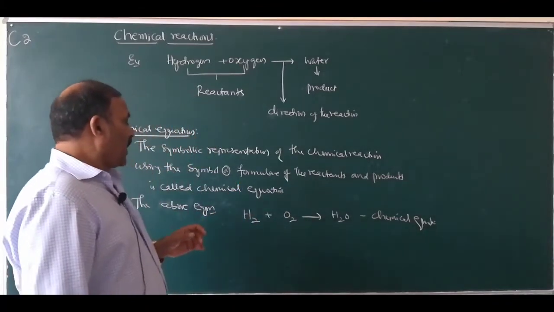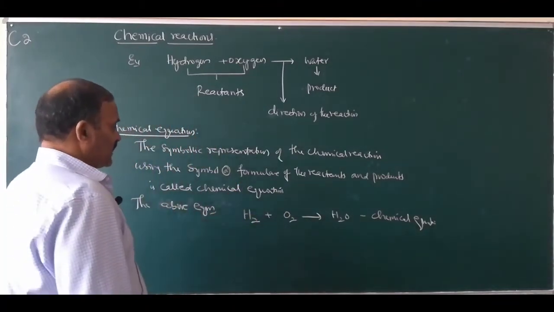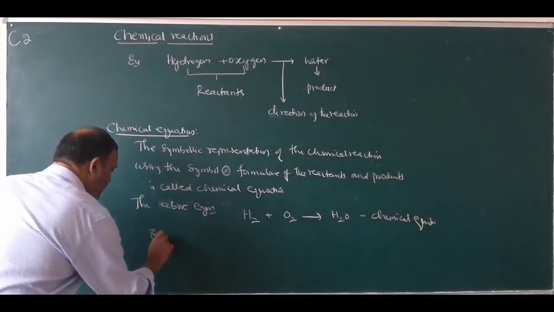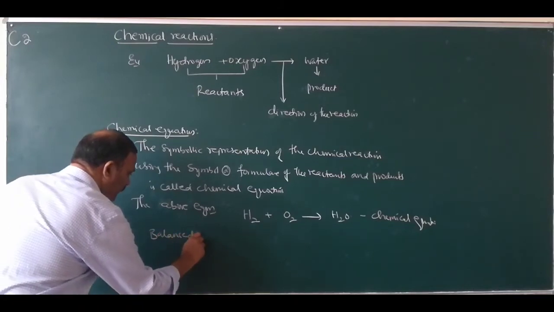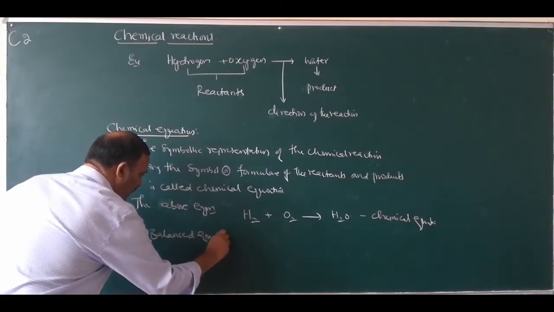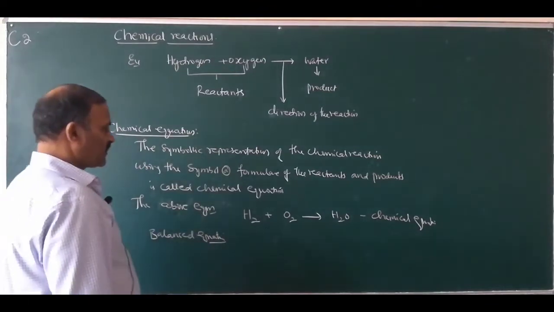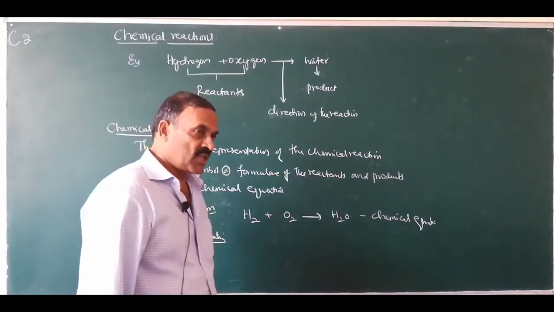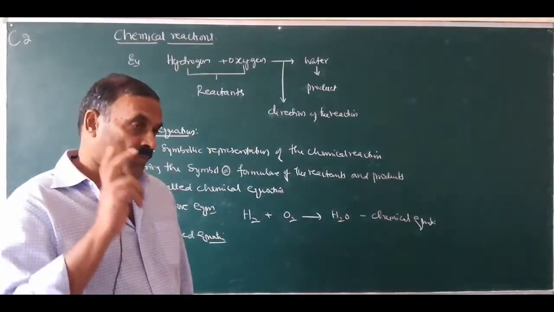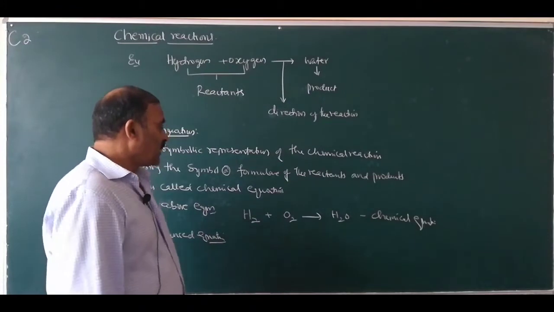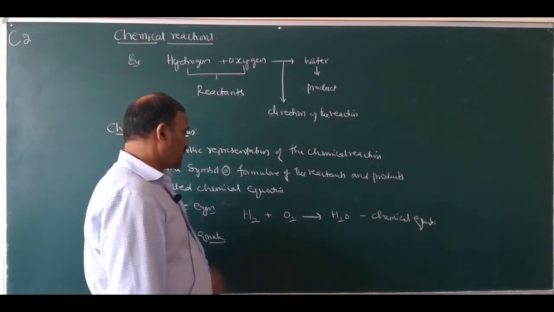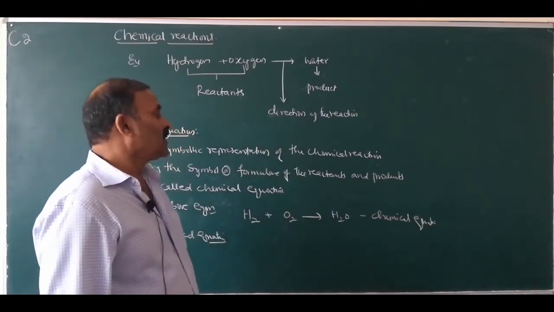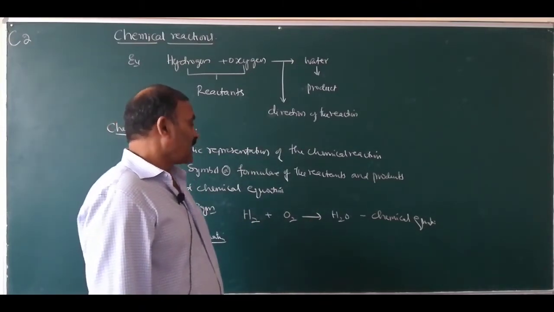Next, we have to write the balanced equation. What is the meaning of this? While balancing the chemical equation, the number of atoms of reactants on the left hand side should be equal to the number of atoms of the elements on the right hand side.